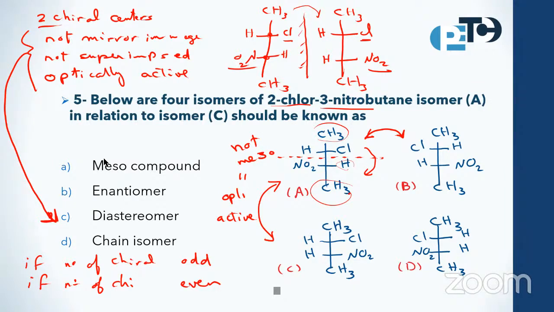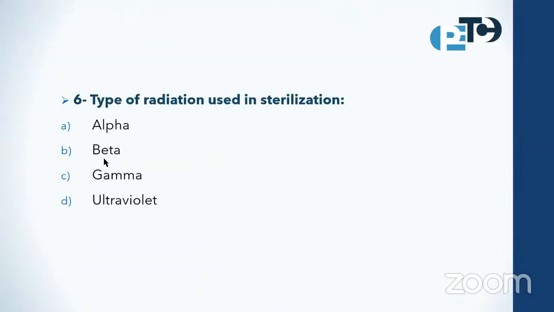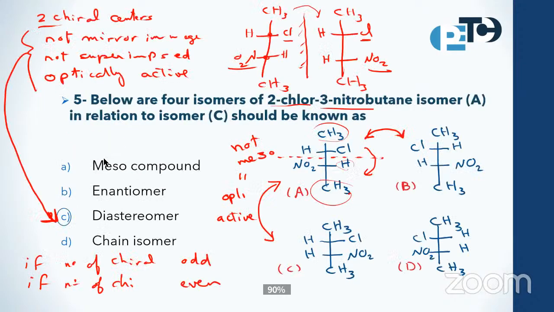Okay, is it clear? Does anyone have any question about the isomers, enantiomers, diastereomers? Sir, how much time for each question do we have? Do we have sufficient time to solve these questions like this? Yes. 1 to 1.5 minutes maximum. We have 100 questions per paper.